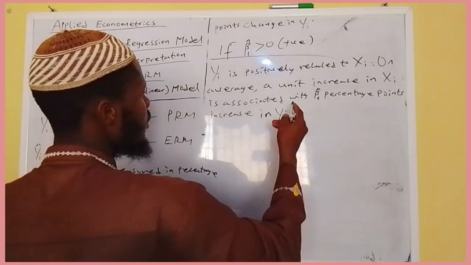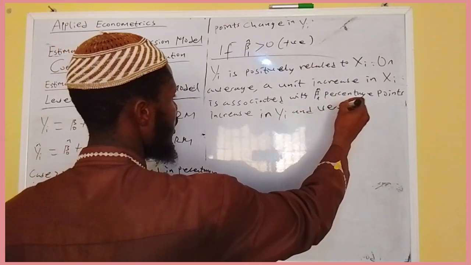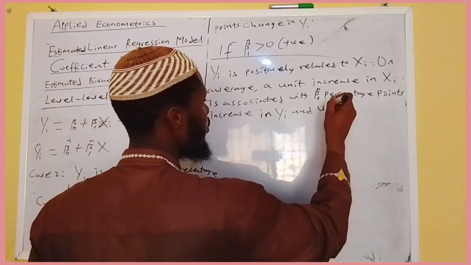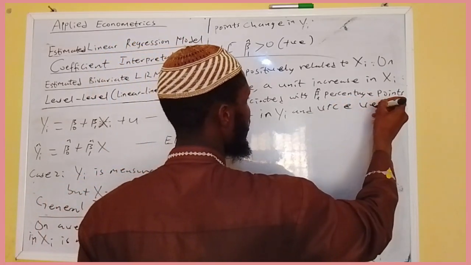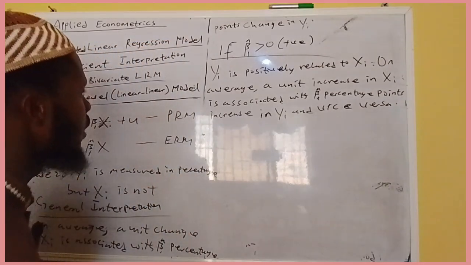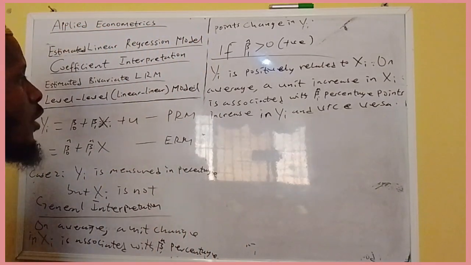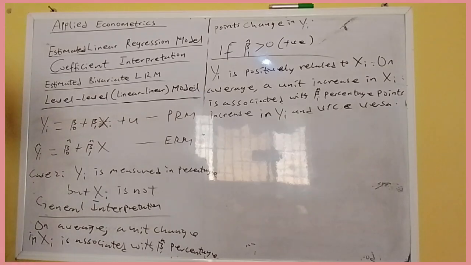Okay, so this is the interpretation, and vice versa, because we are dealing with a linear model. So vice versa here implies that a unit decrease in x will be associated with beta 1 hat percentage point decrease in y.